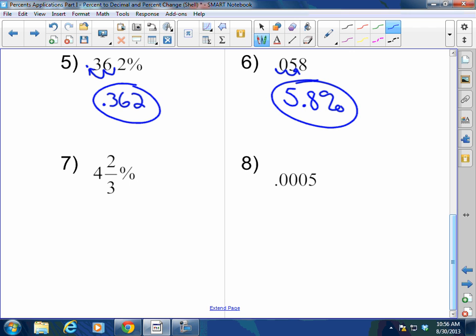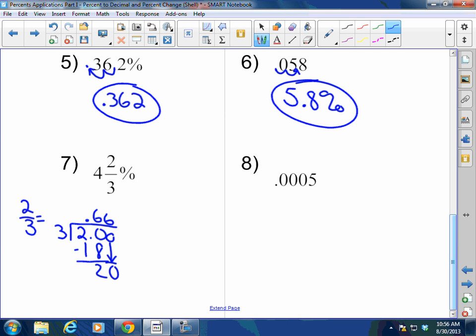4 2/3%. Well, 2/3. Let's first investigate 2/3. If you remember 2/3, you go 3 into 2.0, bring up the decimal. 3 goes into 20 6 times. And I'm going to have a repeating value here. It's going to be 66666 repeating forever.